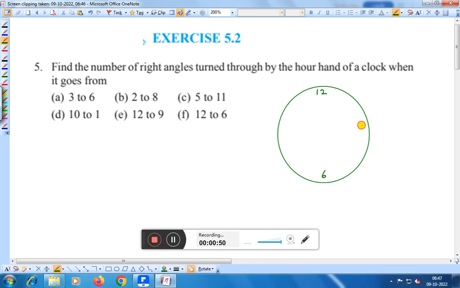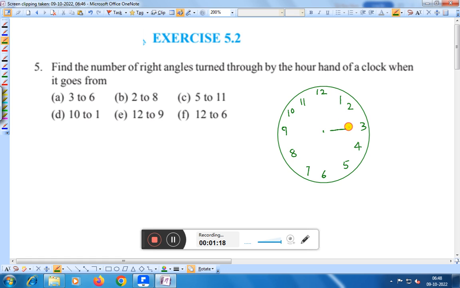This is 3 and this is 9, right? This is 1, 2, 3, it is 4, it is 5, 6, it is 7, it is 8, 9, 10 and it is 11.